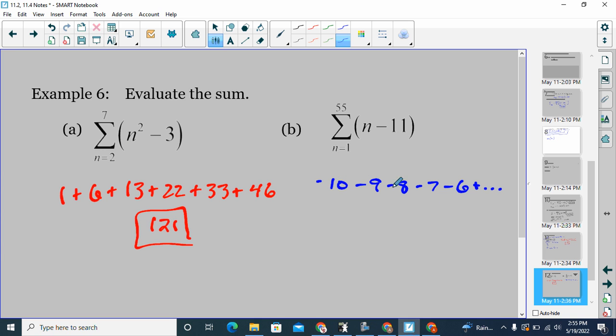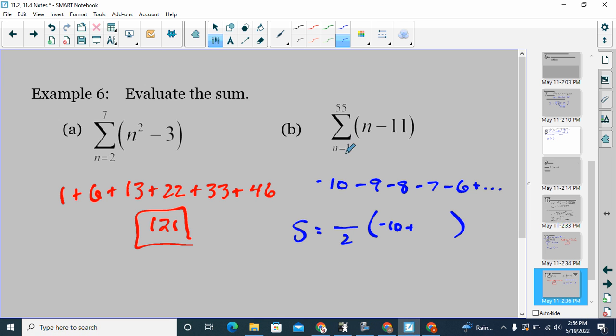I'm adding them up. And hopefully we recognize that we have an arithmetic series. I start with negative 10 and I'm going up by 1 each time. So the sum of an arithmetic series is n over 2 times the sum of the first term and the last term. So if I plug in 1, I have 1 term. If I plug in 1 and 2, I have 2 terms.